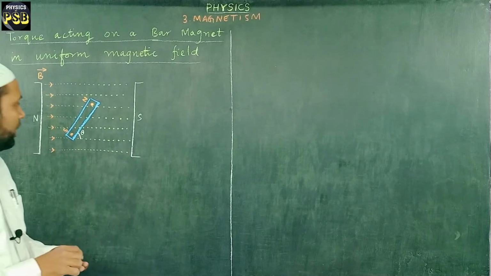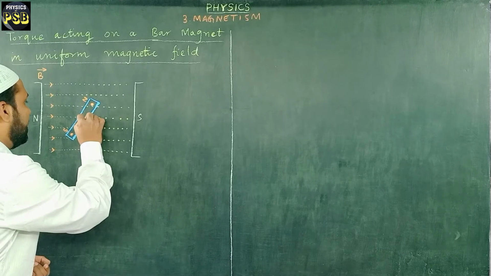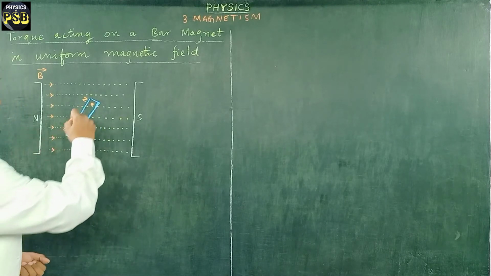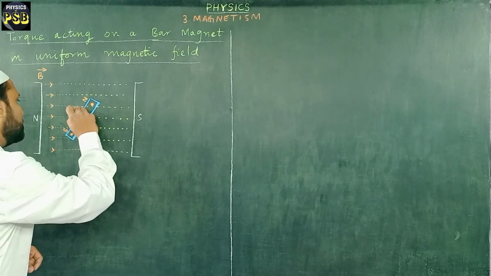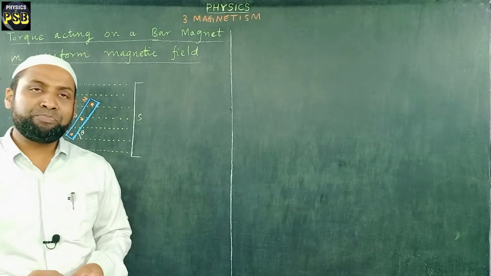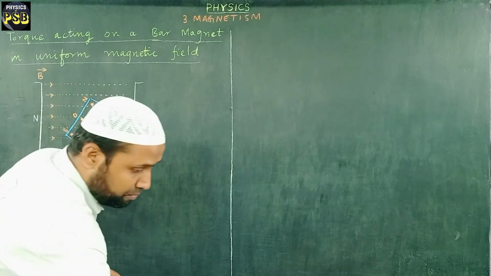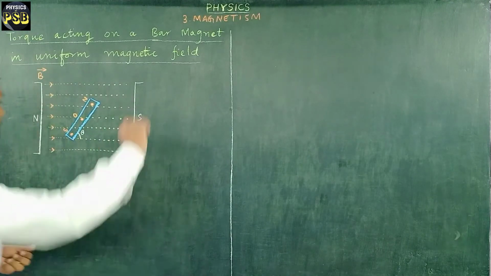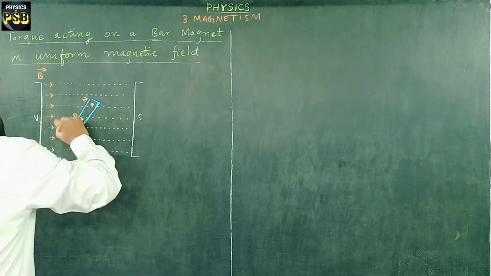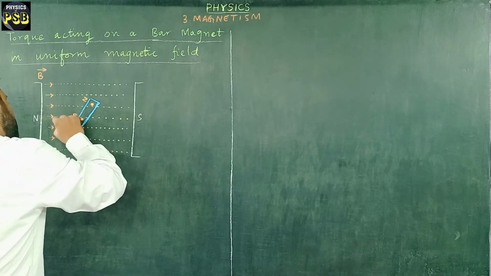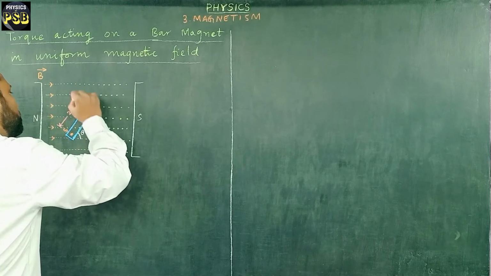And I take one point here at the center. I denote this point by the letter O. I call this point the midpoint of the bar magnet. Then the distance between the poles of this magnet is considered as 2L.